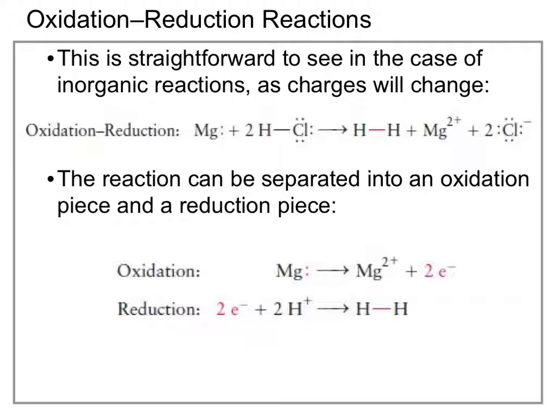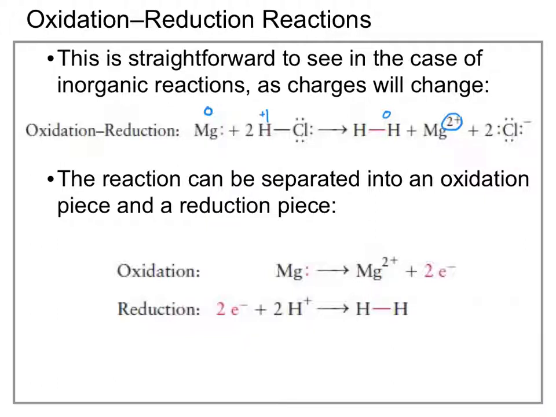And so in this reaction, in which magnesium is reacting with hydrochloric acid to form H2 and magnesium chloride, we can see that magnesium is going from a charge of 0 to a charge of 2+. Whereas hydrogen goes from a charge of +1 in HCl to a charge of 0 in H2.